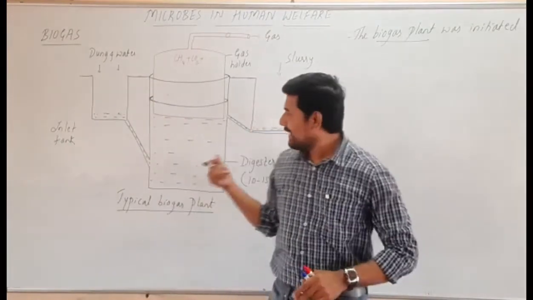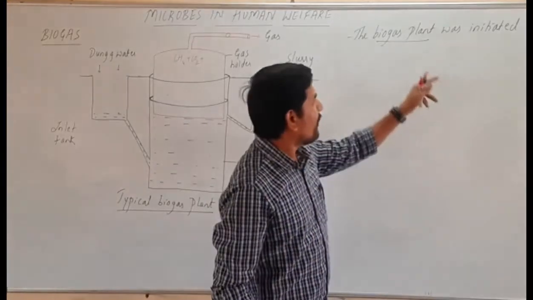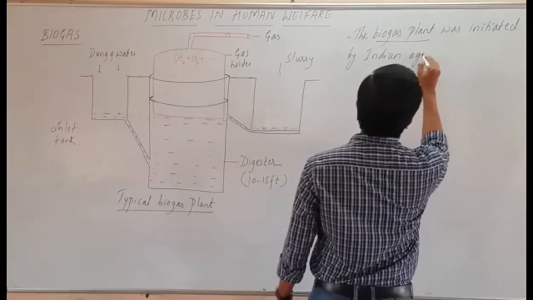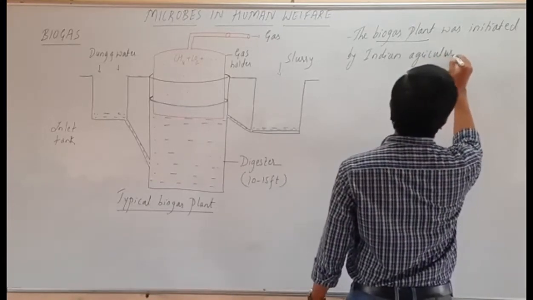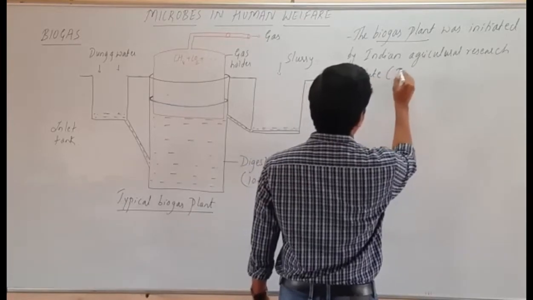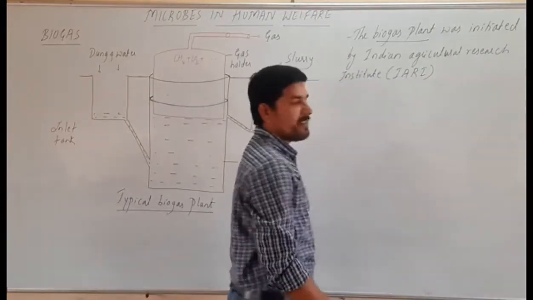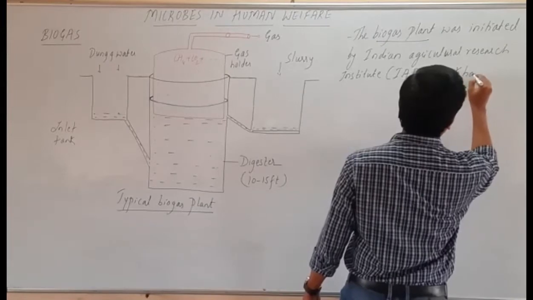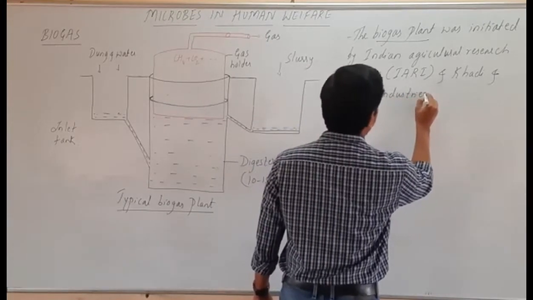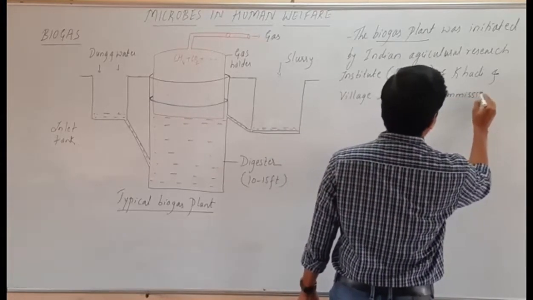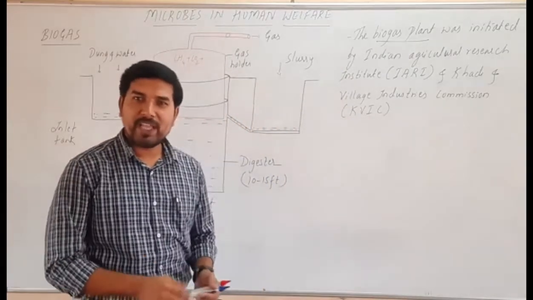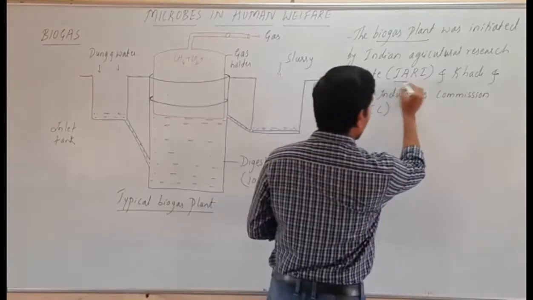The constructed biogas plant was initiated by the Indian Agricultural Research Institute, which we call IARI, and the Khadi and Village Industries Commission, which we call KVIC.